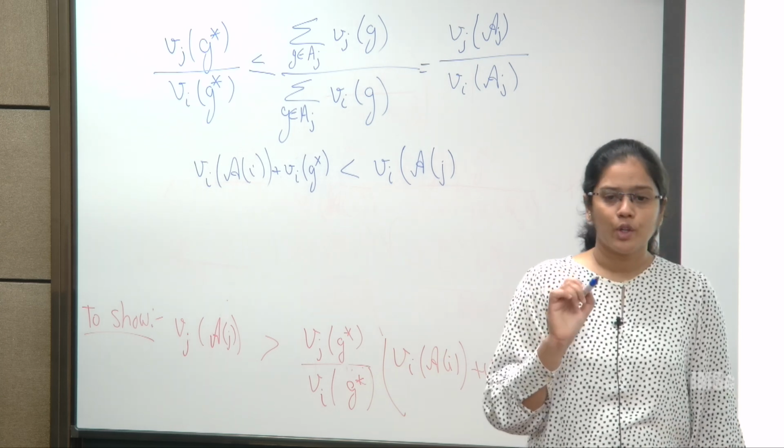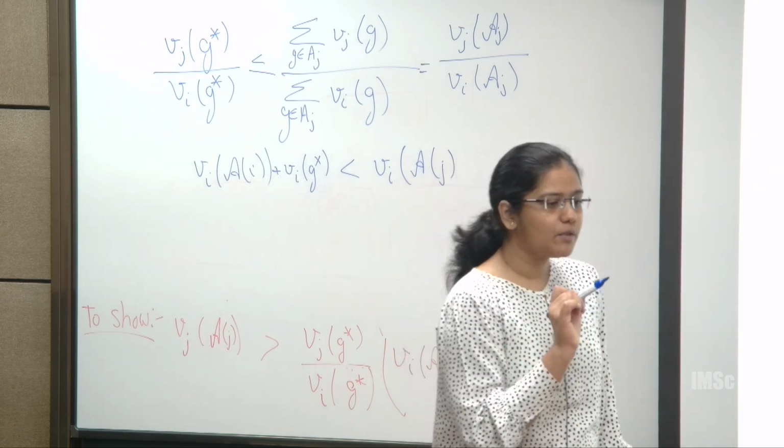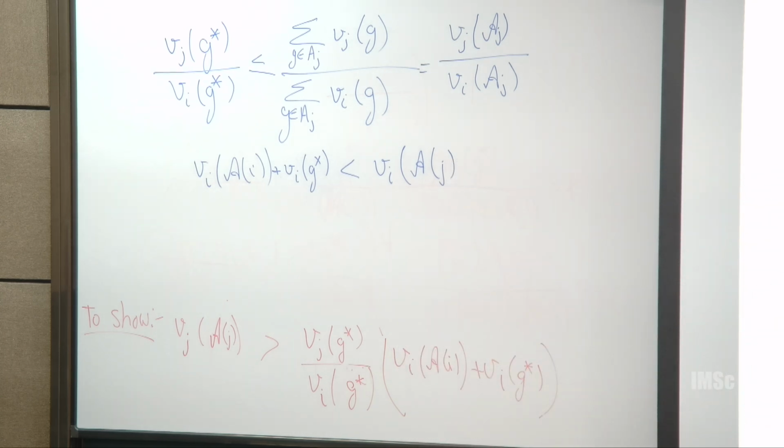Okay. So, what do we know now? If Nash welfare was greater than 0, then there is an item such that if I reallocate it, Nash welfare increases. Now, let us see what happens if Nash welfare was originally 0.